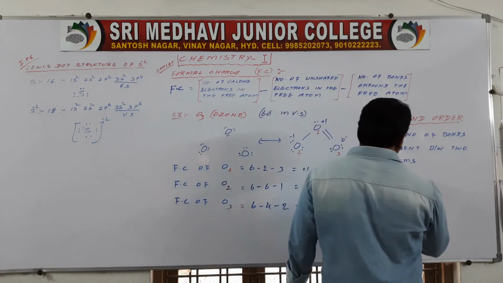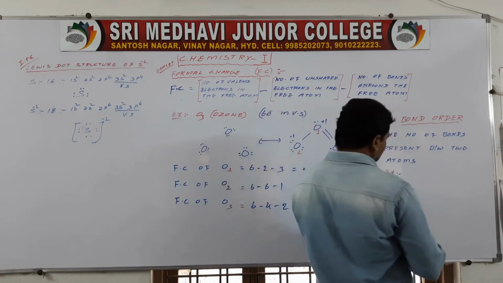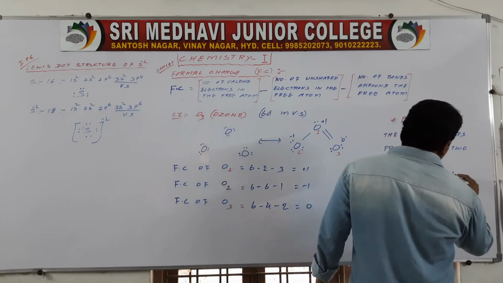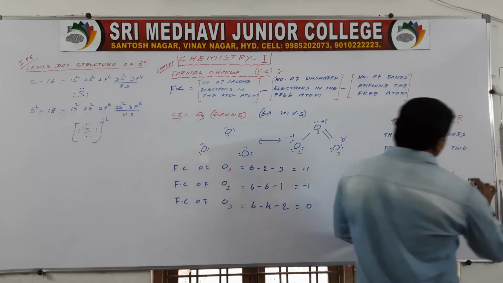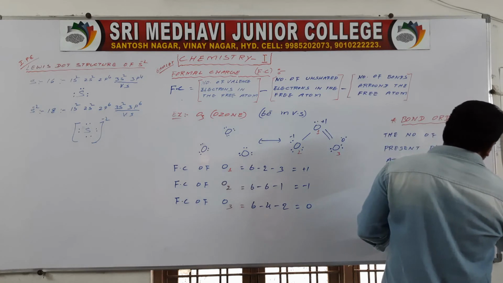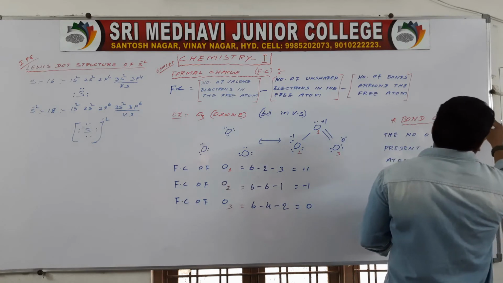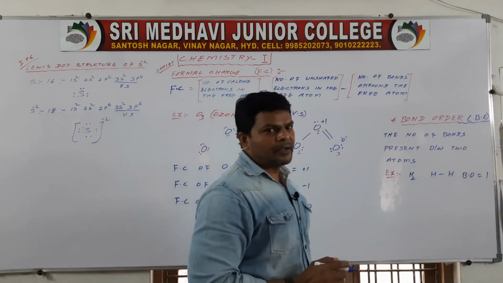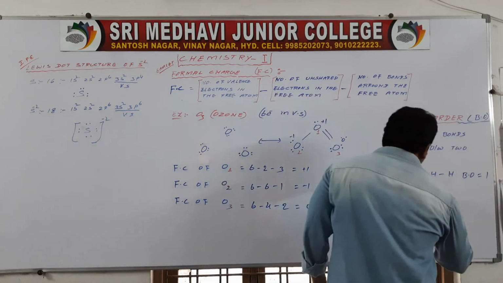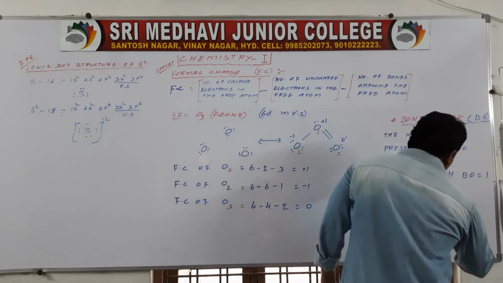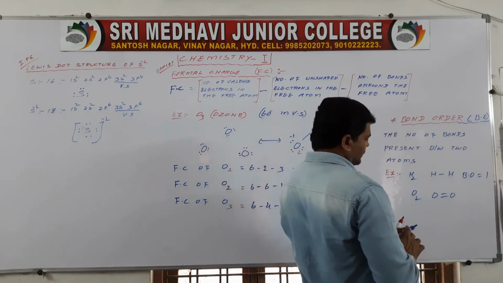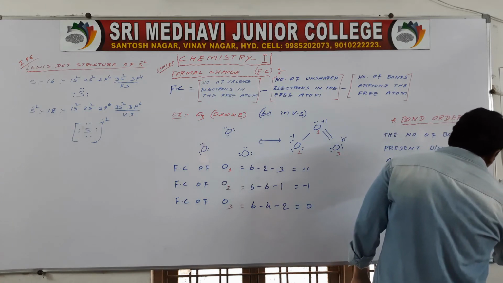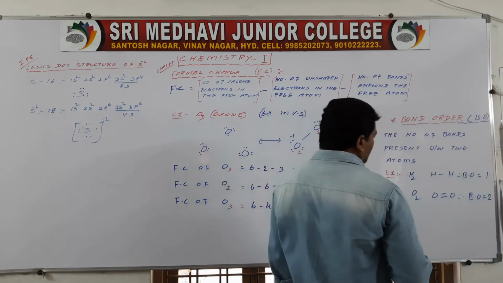See, for example, hydrogen single bond hydrogen, so bond order equals 1. Next O2, oxygen double bond oxygen, so bond order equals 2.